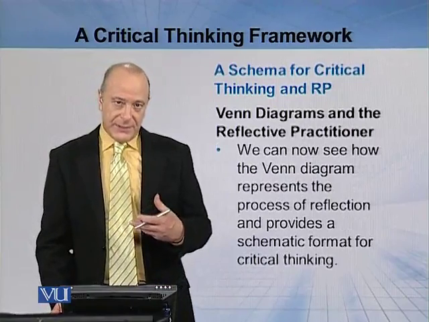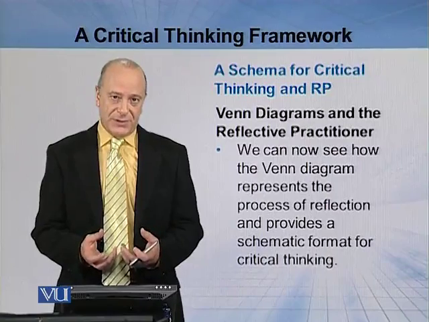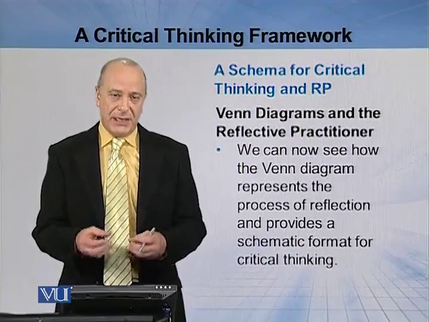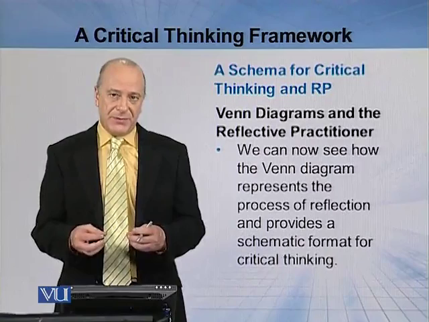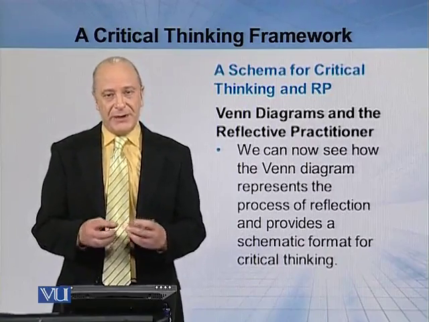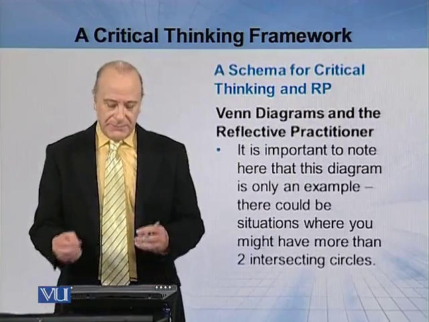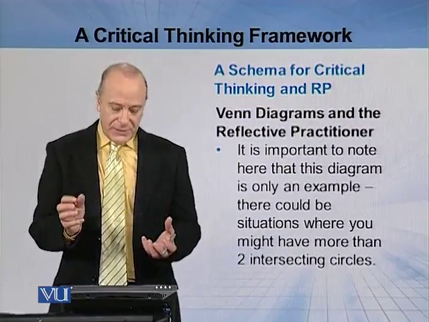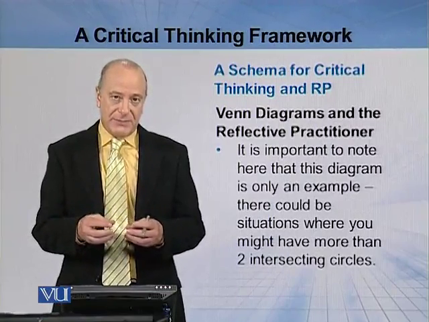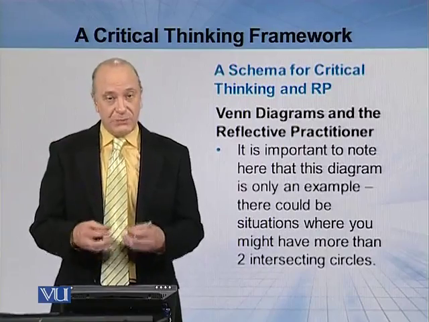So we can see that the Venn diagram is a way for the teacher to deconstruct what is happening in the classroom, and can be used to identify the key elements and compare and contrast the elements of the experience. What's useful to note is that in Venn diagrams there are always intersecting circles, and there could be more than two.